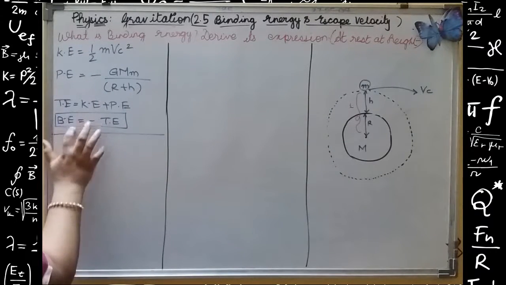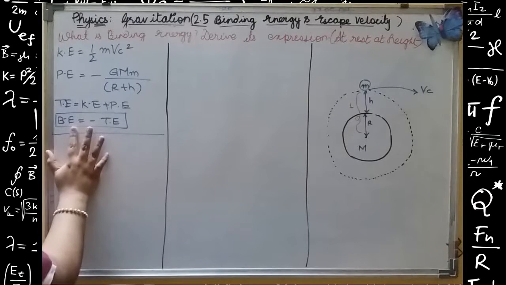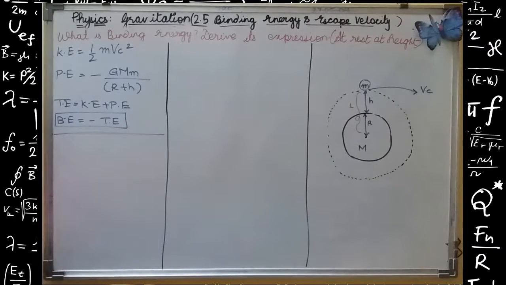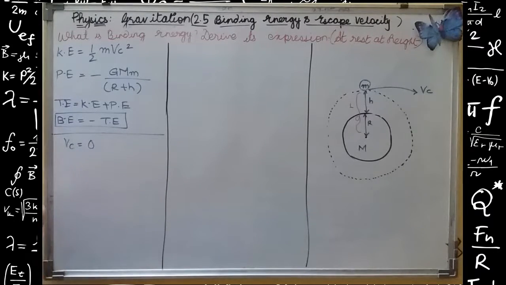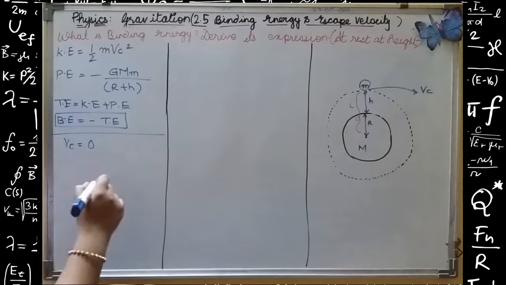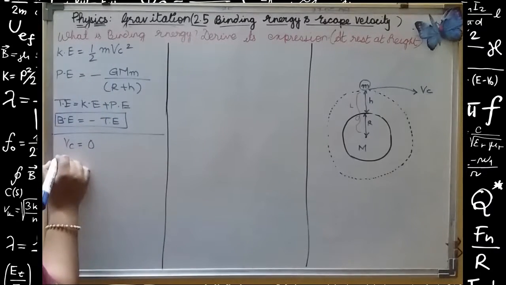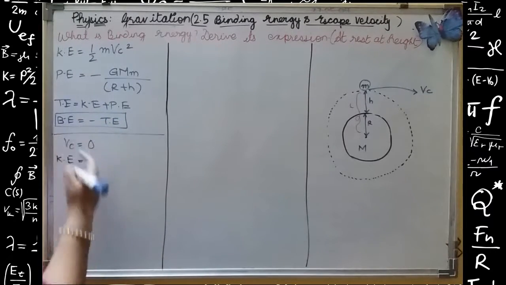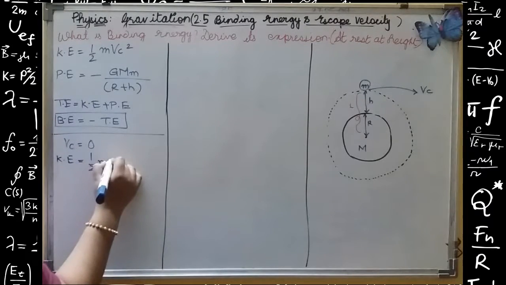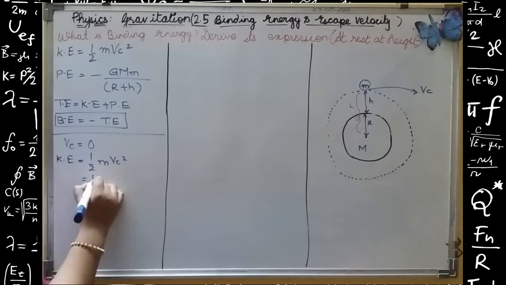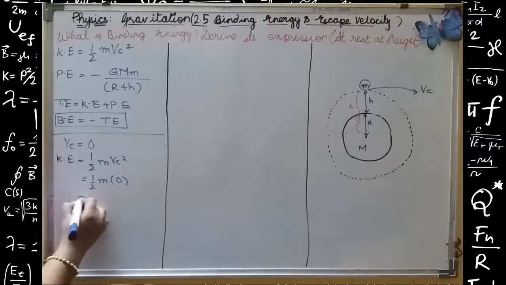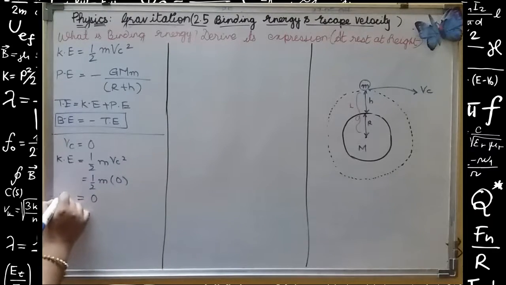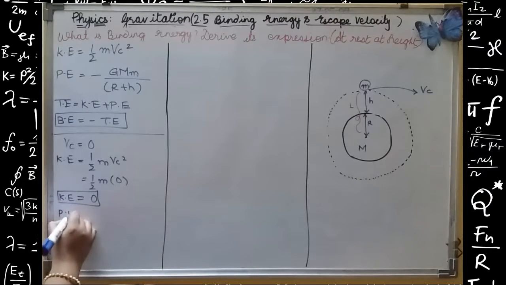These were some of the equations or expressions we derived earlier. Let us use them. When there is no movement, that means critical velocity will become 0 in this case. So our kinetic energy, since it is half mvc square, we will substitute 0 here, so it would become half m into 0, which is nothing but 0. Kinetic energy becomes 0. What would be potential energy?